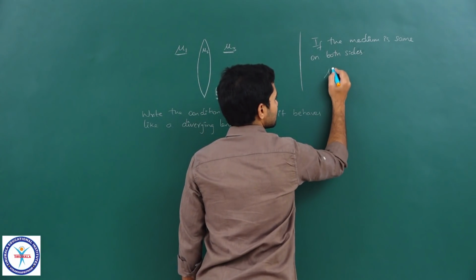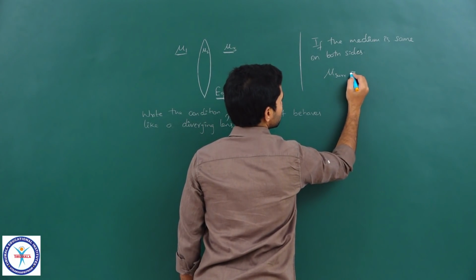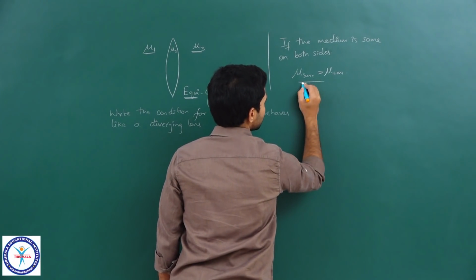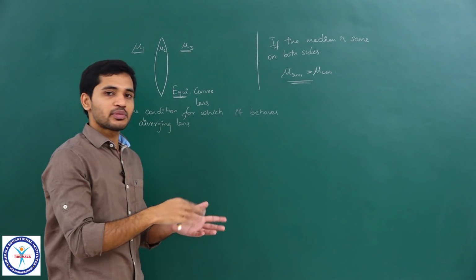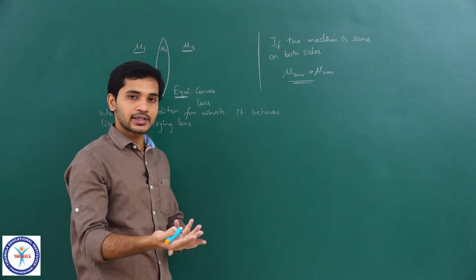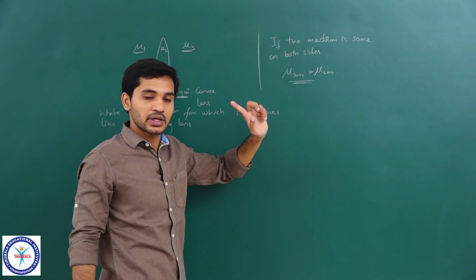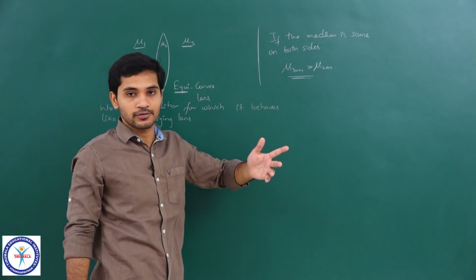We can directly say that mu of surroundings should be greater than mu of lens. If this condition is met, then a converging lens will behave like a diverging lens and a diverging lens as a converging lens. This is something we understood already from the lens maker's formula, correct.